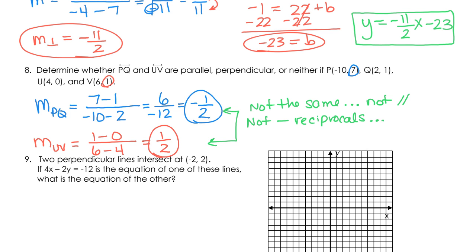And therefore, because they're not negative reciprocals of each other, they are not perpendicular. And therefore, these two lines are neither. They may run into each other. Okay, most likely will because they're not parallel, but they don't run into each other making right angles, and so they are neither.